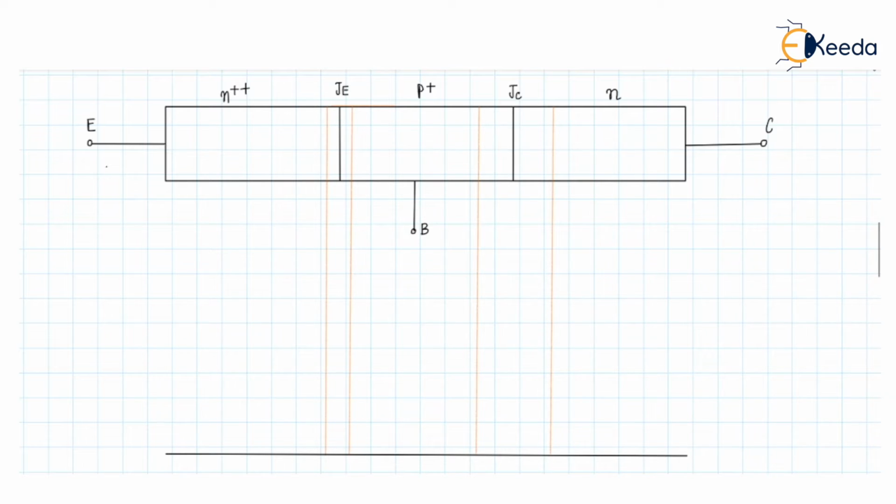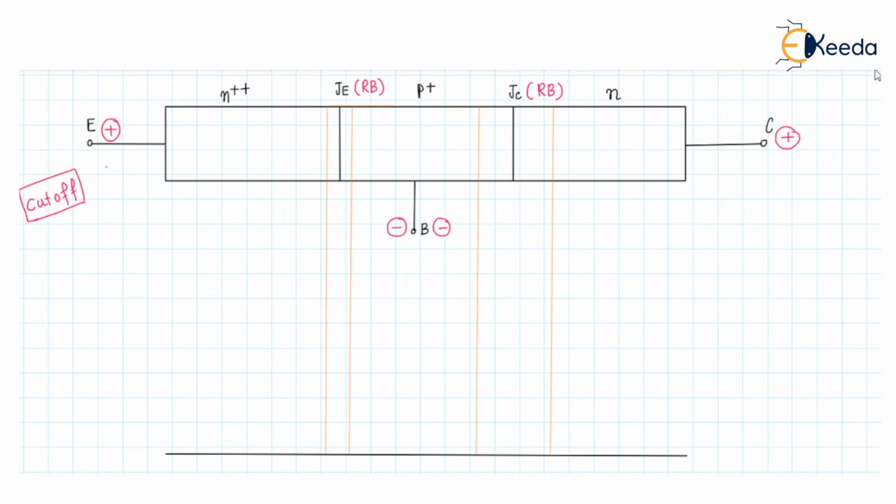Now, because we want to operate the transistor in the cutoff region of operation, the JE junction should be reverse biased and the JC junction should also be reverse biased. To make the JE junction reverse biased, the emitter should be given a positive potential and the base a negative potential. Similarly, the collector terminal should be given a positive potential and the base a negative potential to make the JC junction reverse biased.